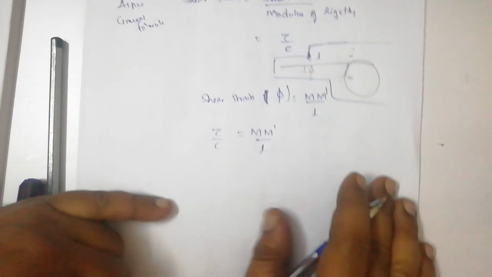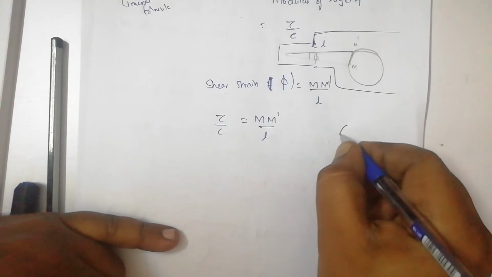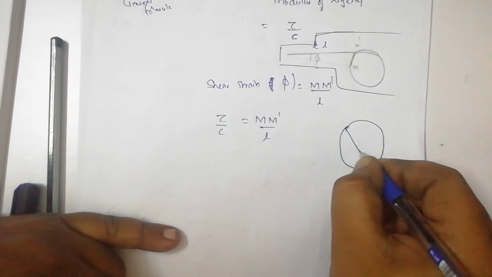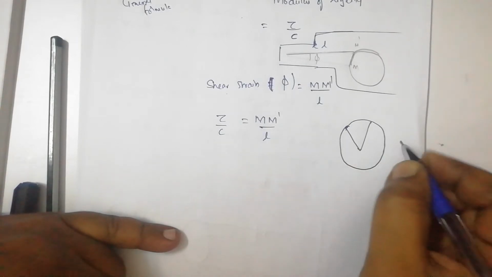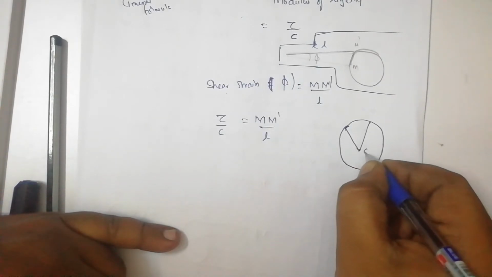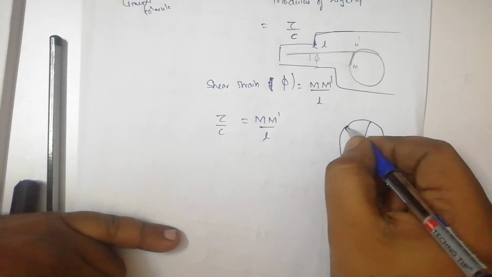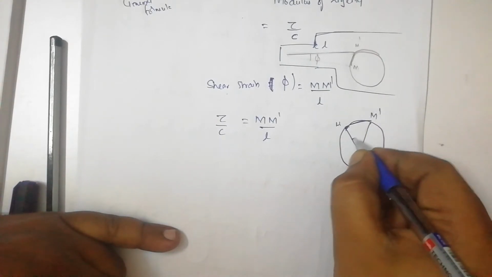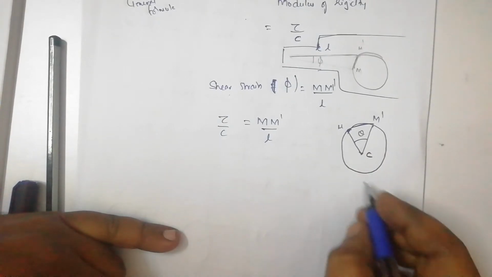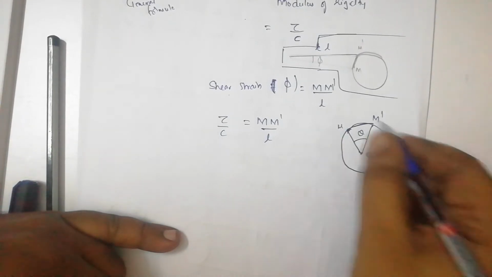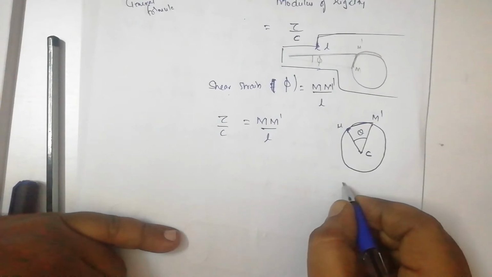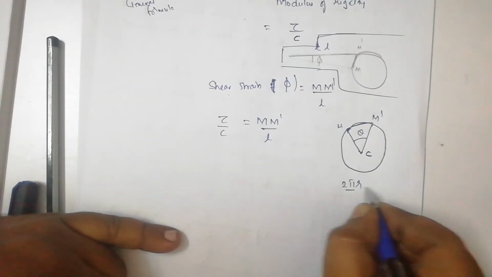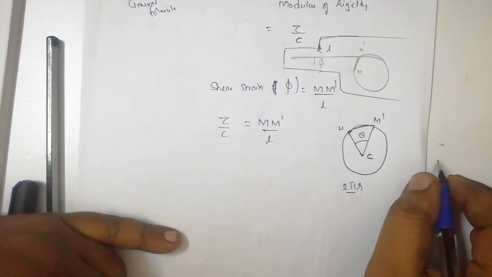So, till here clear. Now, take that circle in which we got M dash with respect to the angle obtained at the center. This is your center, this is your M dash, this is your theta. We know the length of the whole circumference is 2 pi r, where 2 pi is nothing but 360 degrees, and r is the radius of the circle.